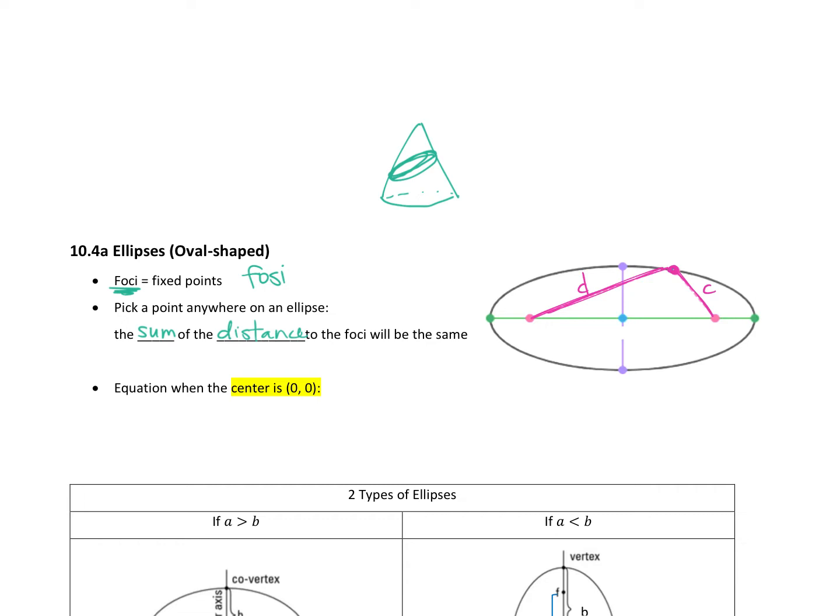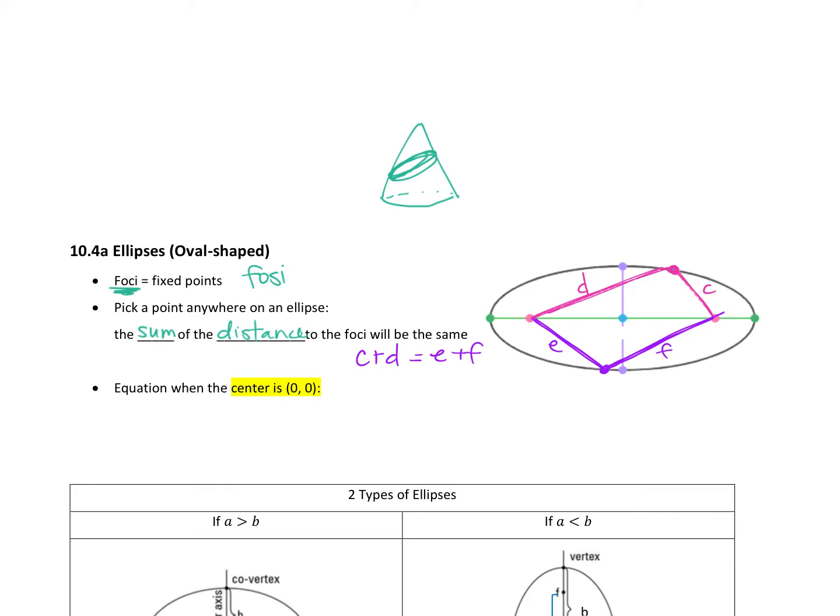But then I pick a point over here and I find the distance to the foci. So this one is a different distance, E, and to this focus, F, okay? What it says is C plus D, so the sum of their distances should always be equal. So C plus D should equal E plus F, okay?